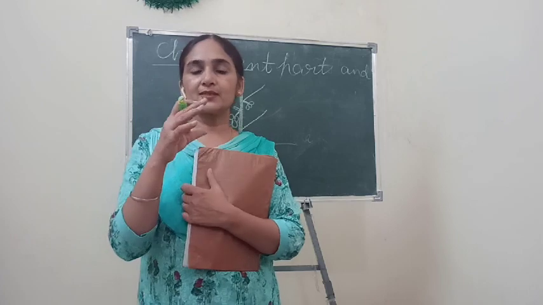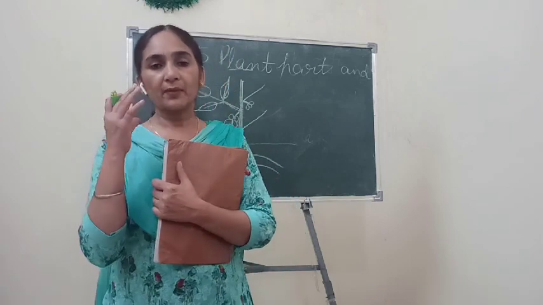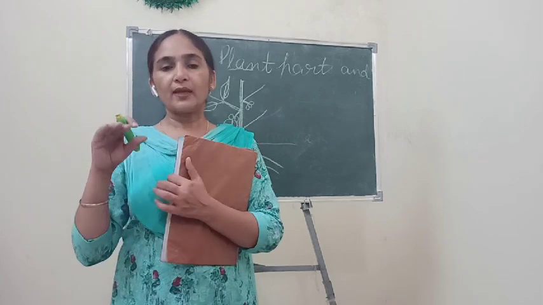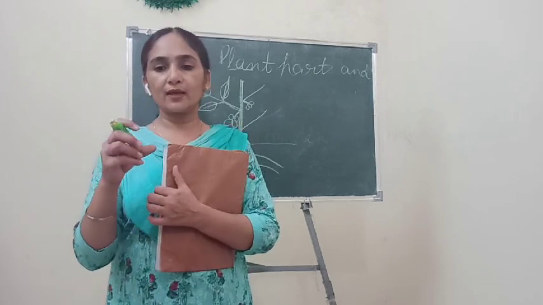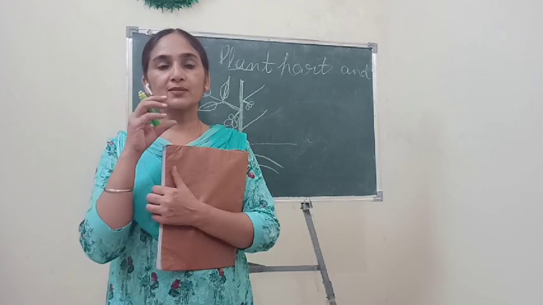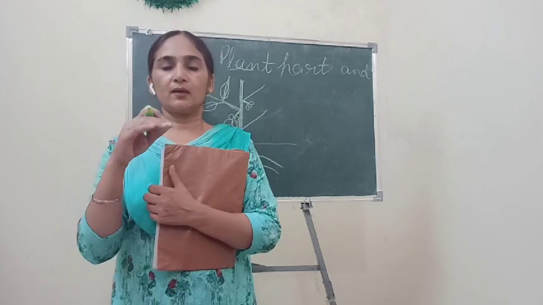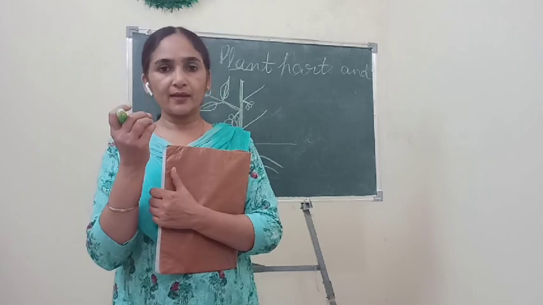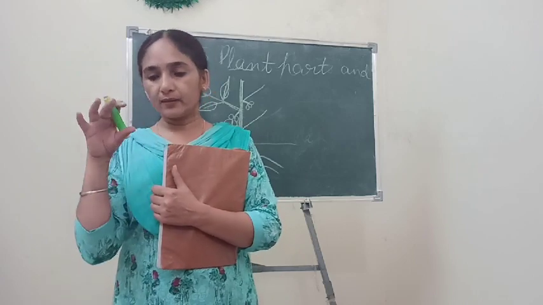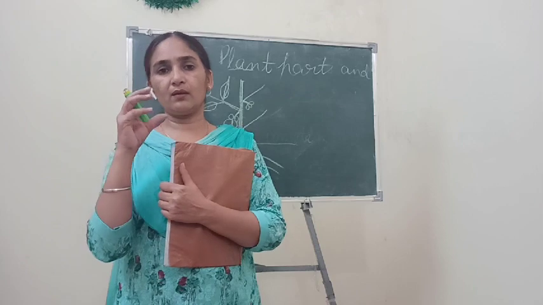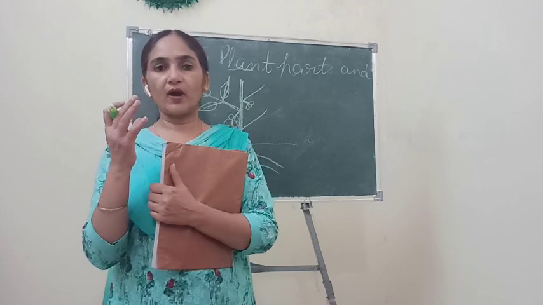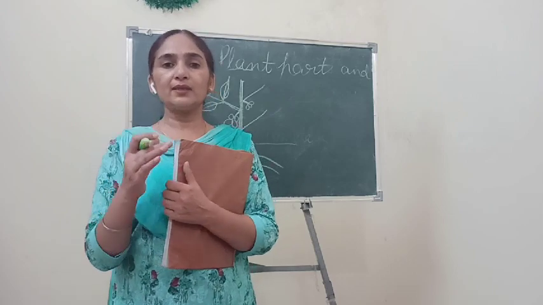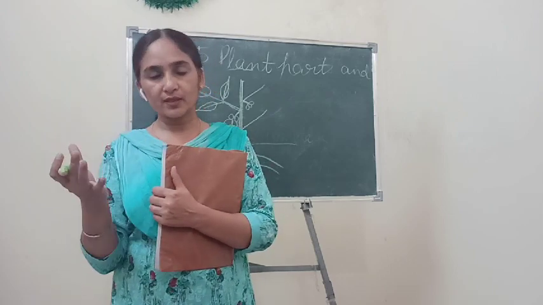And when seeds are formed and mature and fall on the ground, and inside the ground they get water, proper moist condition, and even air from the soil, and they get warm condition also with the help of sunlight, then only they start germination.